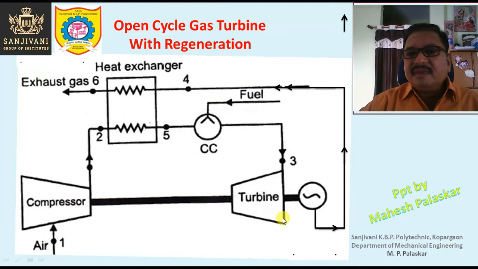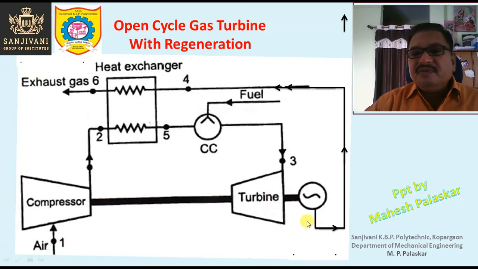rotating, and due to that we can obtain the useful mechanical work from the turbine that can be used for the generation of electricity by coupling the generator to the shaft of the turbine.